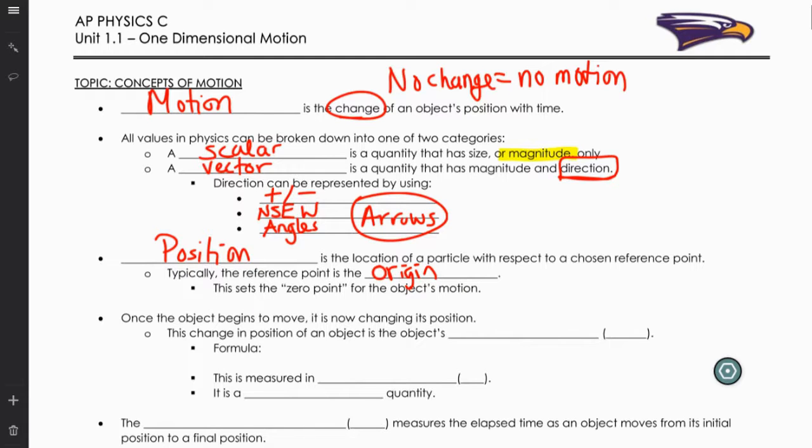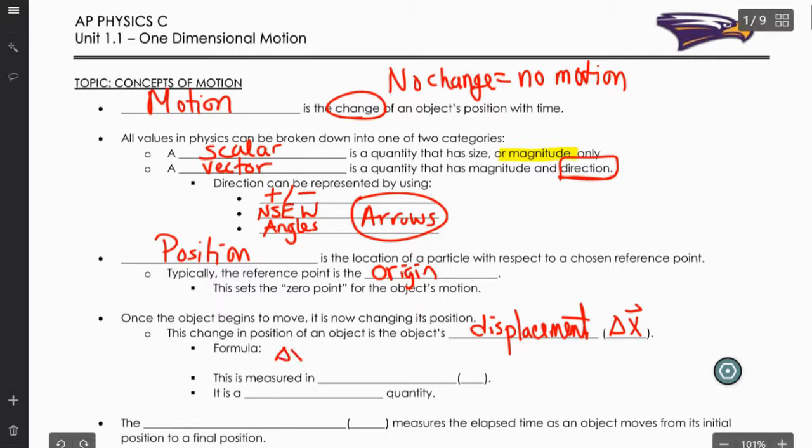The change in position of an object is the object's displacement, represented by delta x. And with this being AP Physics C, you will probably see a little vector symbol over the top.